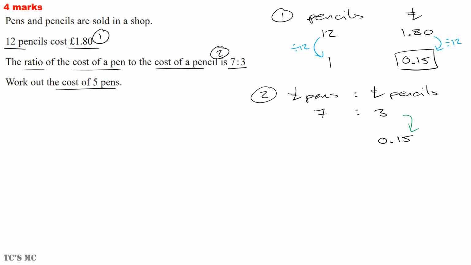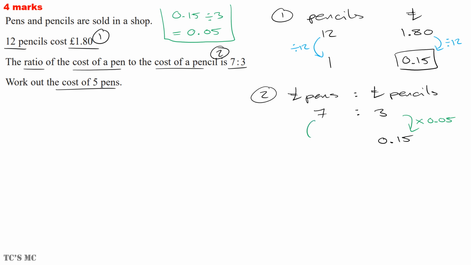I'm going to do that over here. If I type that into my calculator, I get 0.05. So 3 multiplied by 0.05 is 0.15. Now I have a second mark.